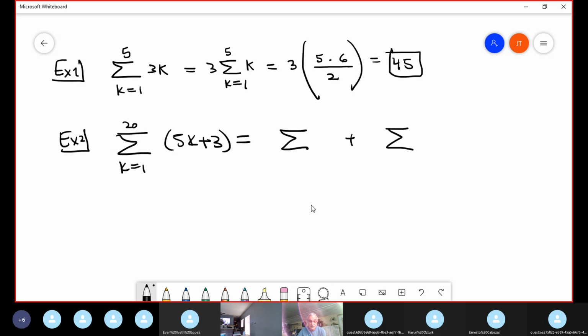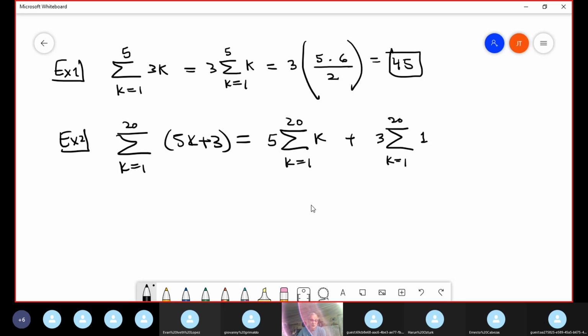Both summations go from 1 to 20, that is the limit. But this is 5, I put the 5 outside, like a common factor. Any common factor you put outside the summation. And this is 3, you put it outside if you want. Or not, because putting it outside is multiplying by 1. Or you put 3 directly here, whatever you want.